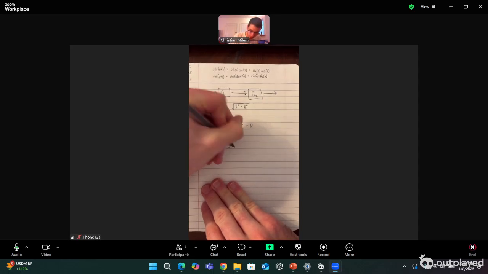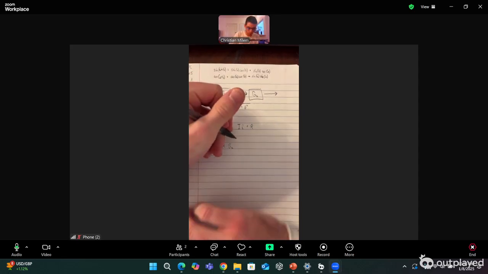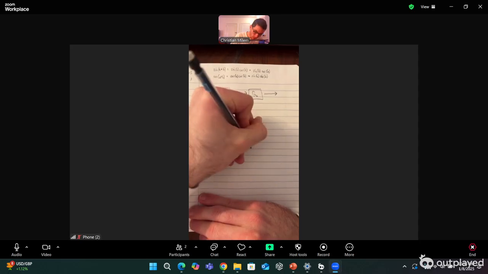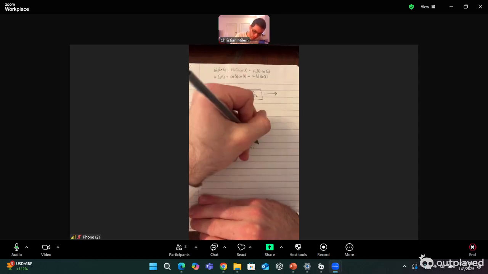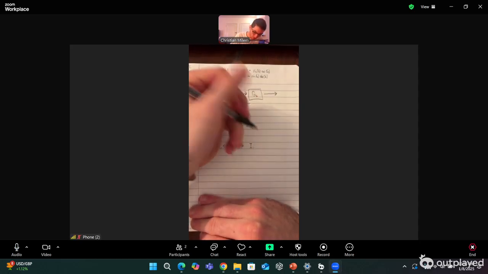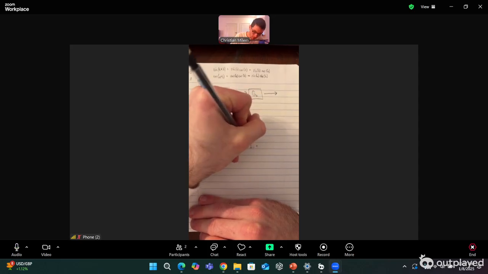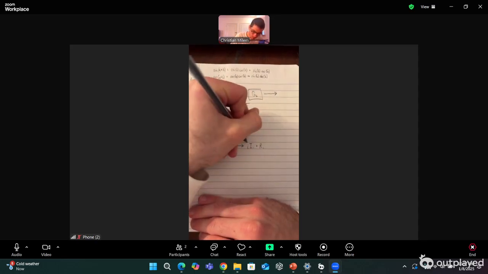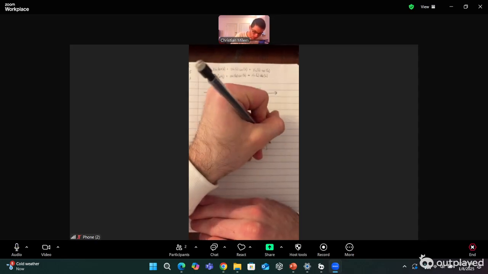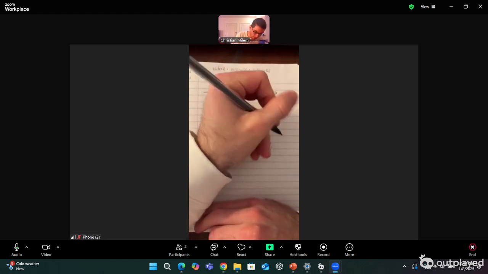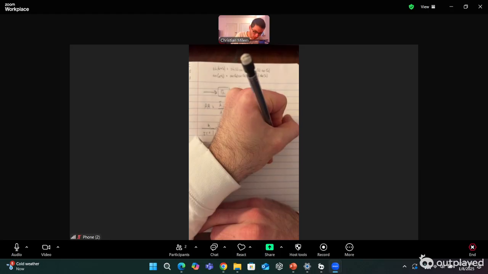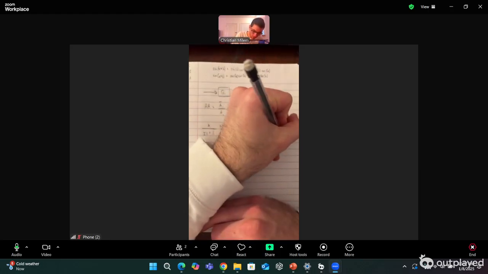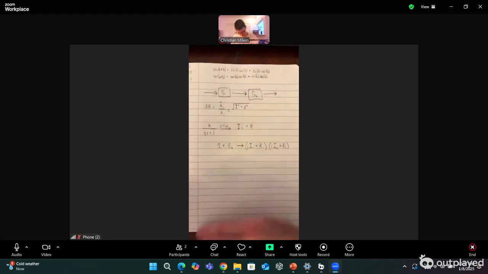So G1 times G2. And when we would do this, we would take the imaginary part of G1 plus R1, and then the imaginary part of the second transfer function plus the real part of the second transfer function.